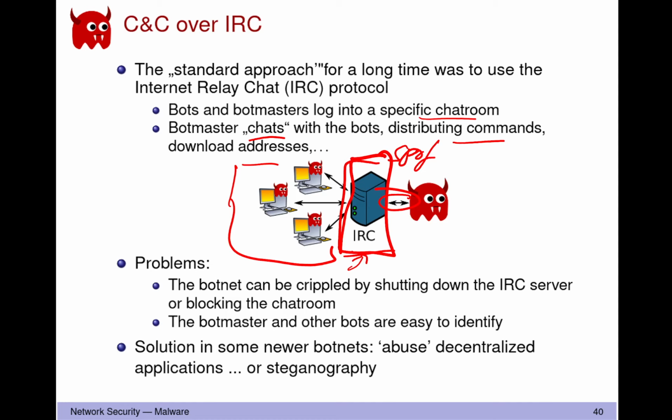So what do the botmasters do? First of all, remove the single point of failure. They go decentralized. That's a very fascinating approach. And steganography. So let's say, again, if there's maybe some chat, I mean, if it's very clear what they are talking about, download addresses, distributing commands, and so on, then that's very simple.